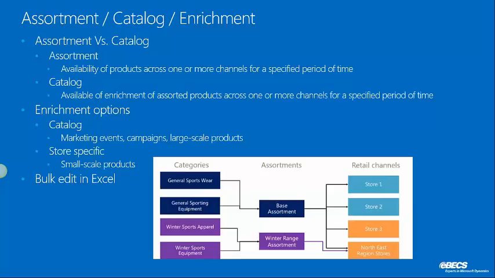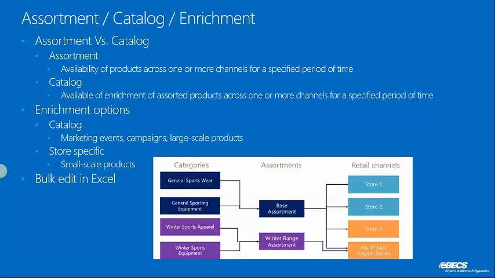And then after the assortment, I can create within the assortment catalogs for those specific assortments. So maybe in my base assortment, I've got a catalog for jackets, or a catalog for spring jackets, something like that. And that enriches your assortment of products.